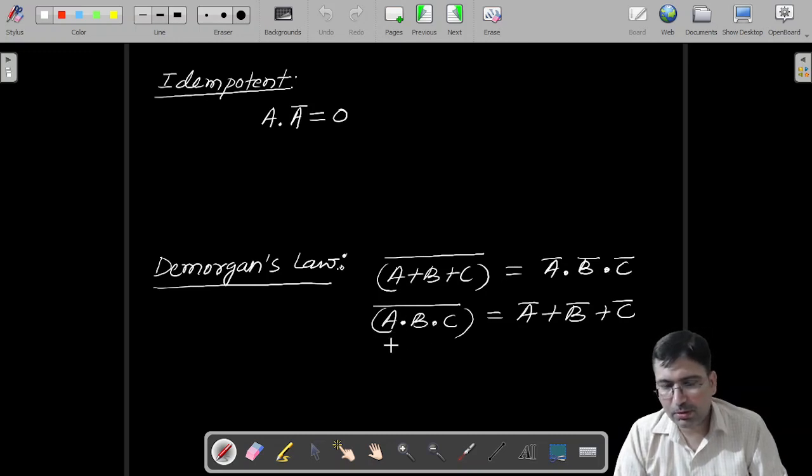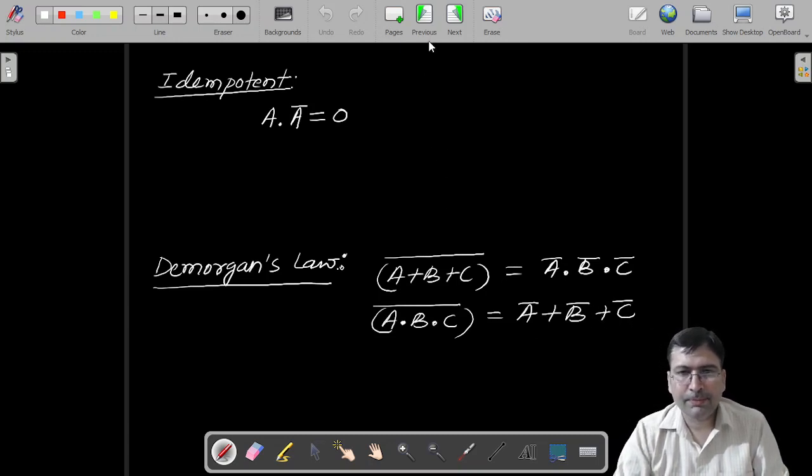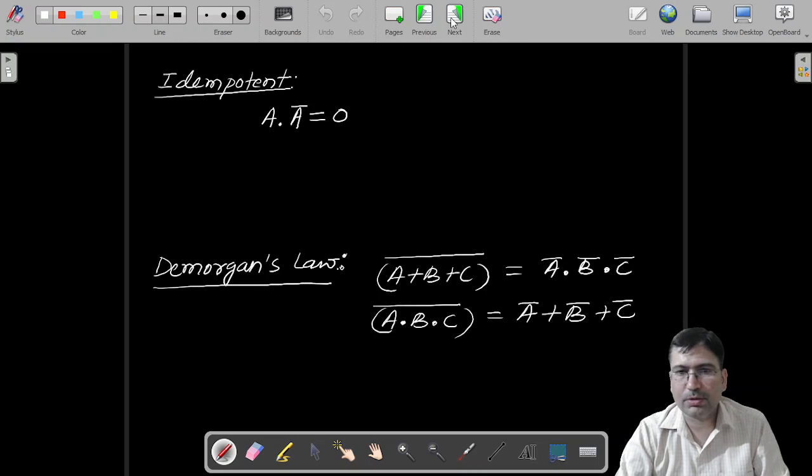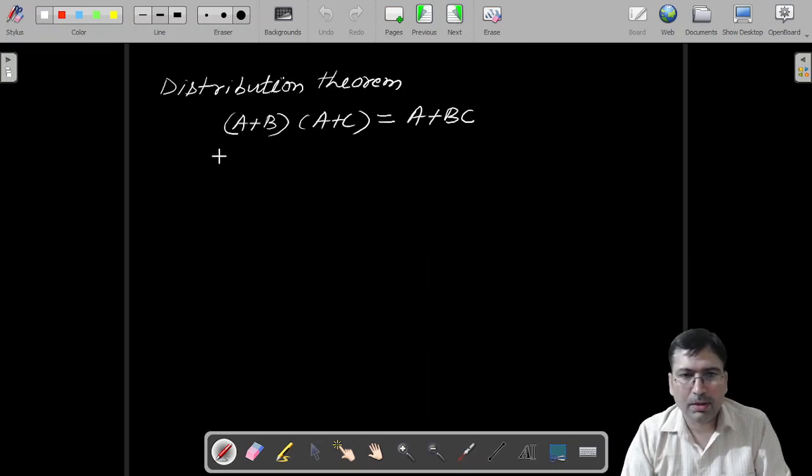Similarly with the AND operator also. So if it is written like the complement of A and B and C, then it will give us A complement or B complement or C complement, right? So if there are multiple things, like D, E, F, then the same logic goes for them.